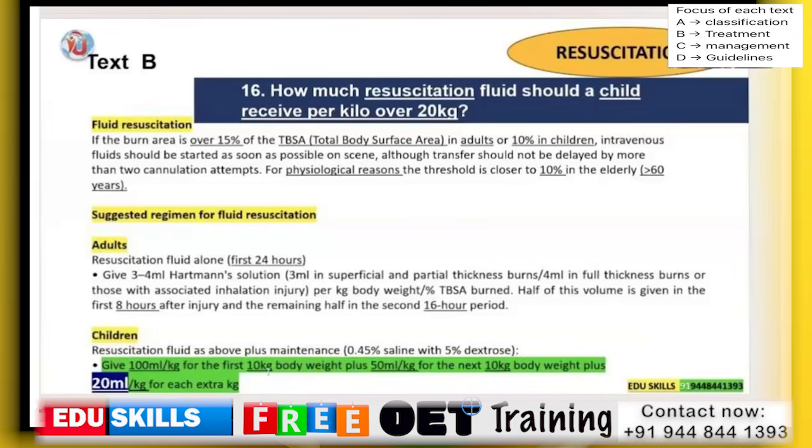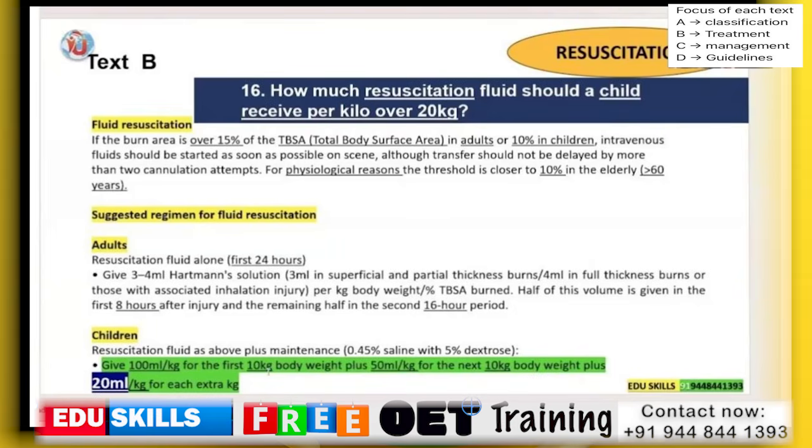That means for the first 10 kg, we have to give 100 ml per kg. If the child is 10 kg, then we have to give 1000 ml. Then 50 ml per kg for the next 10 kg, and then 20 ml per kg for each extra kg.